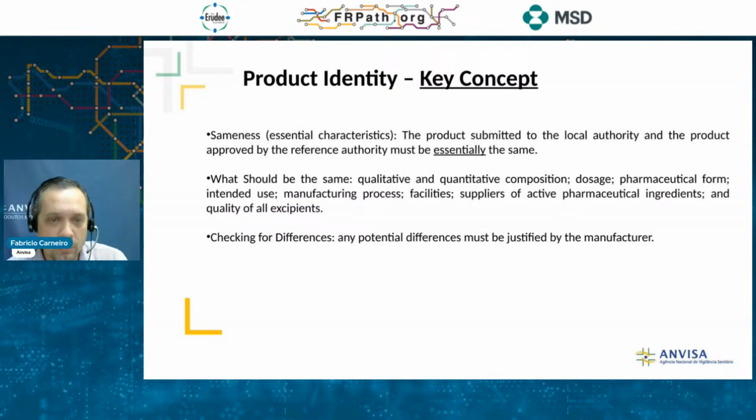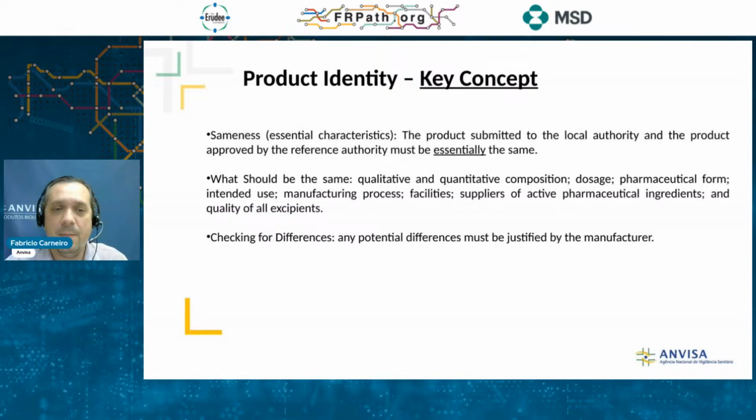But what should be the same to be considered for a Reliance procedure? The qualitative and quantitative composition must be the same. The dosage, the pharmaceutical form, the intended use, the manufacturing process, facilities, and the suppliers of pharmaceutical ingredients must be the same. And the quality of all excipients.